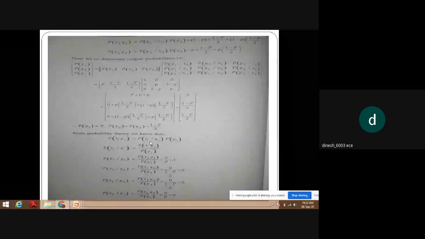Next is to find P of xi over yj. So find P of x1 over y1 as this, x1 over y2, x1 over y3, x2 over y1 using these formulas. So we'll be getting 1, 0, 0, 0.